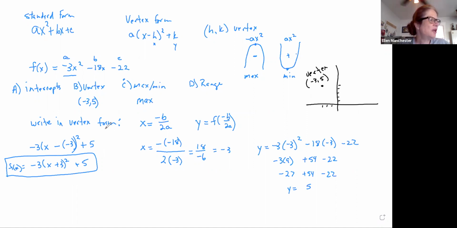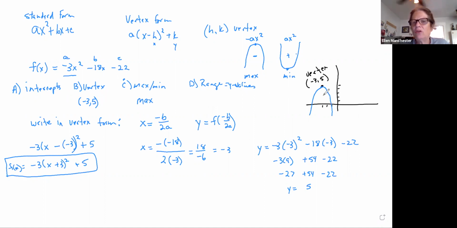Then we look at the question asking for the intercepts. We have our vertex, and we can answer that question later. Our vertex is negative 3, 5. We have our maximum, because now that we have a vertex, we know where the highest point is. Remember, the range are the y values. Even though I don't know exactly where my parabola crosses, we'll find that out in a minute.